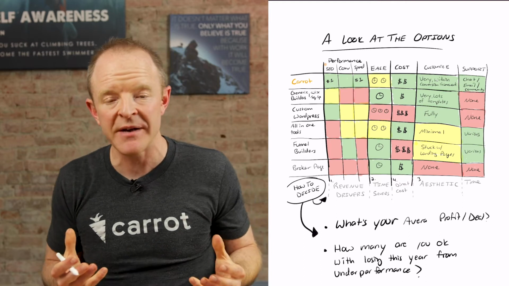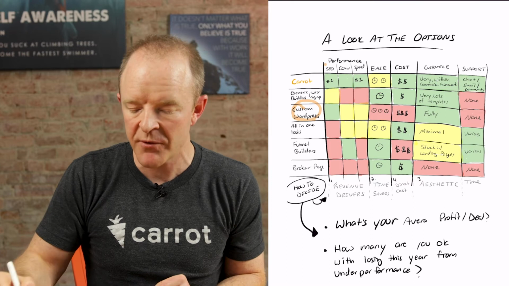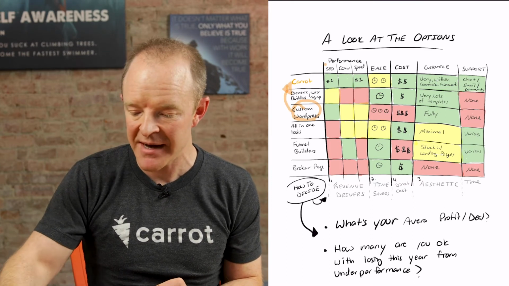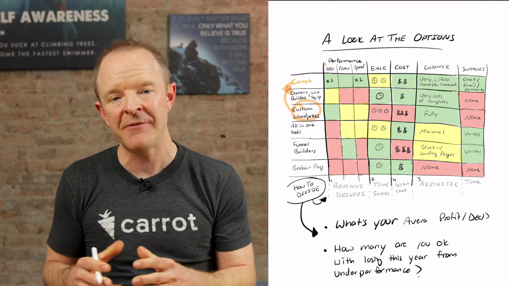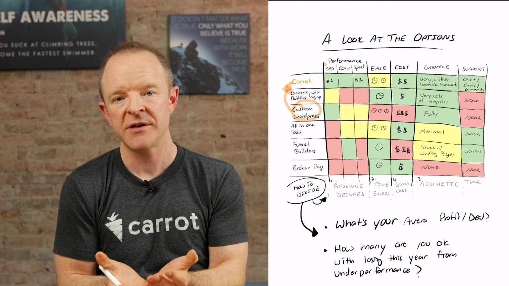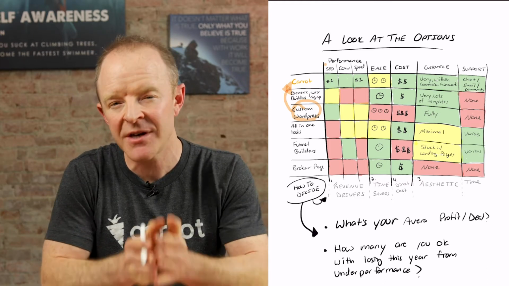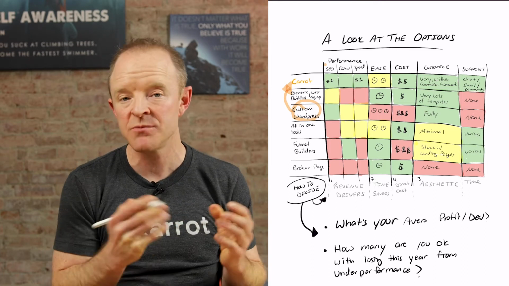Okay, custom WordPress. So custom WordPress is one of the biggest ones that a lot of people move over from Carrot because you can do anything with custom WordPress. It's fully customizable, right? And it's really good for SEO. The Carrot platform is actually built off of the WordPress framework, and then we've built upon it and made it better. But it's not very good for conversion unless you have someone who absolutely knows what they're doing to set it up correctly, which most don't.